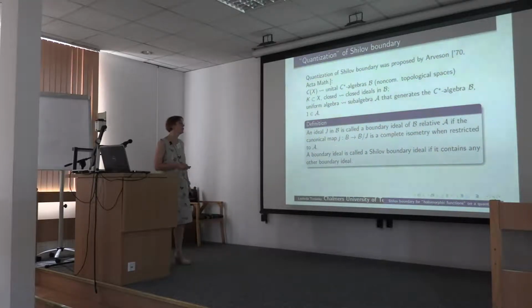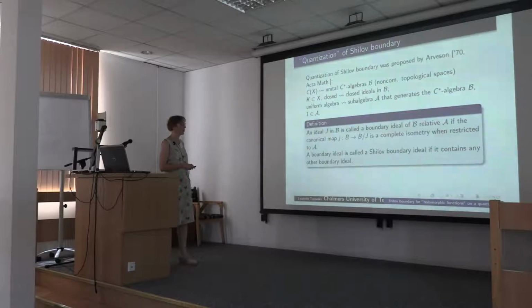Complete isometry means that if I have a C-star algebra, I can consider matrices with entries in B, and matrices over the quotient, and I can extend this map to matrices by applying it to each entry. Matrices over a C-star algebra have a canonical, unique C-star norm.